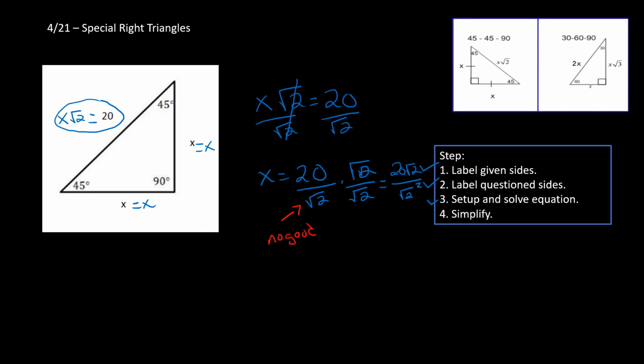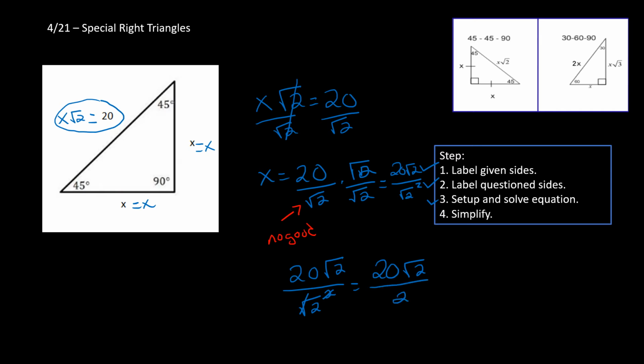I'm going to rewrite this to clean this up. We're going to say 20 square root of 2 over the square root of 2 squared. We know that because we've got square root of 2 times square root of 2. What we learned from previous videos is that this radical, or the square root, and this square simplify out. Remember, this has an exponential value of 1/2 times the 2 is 1, so these simplify out, and we're left with 20 square root of 2 over 2.